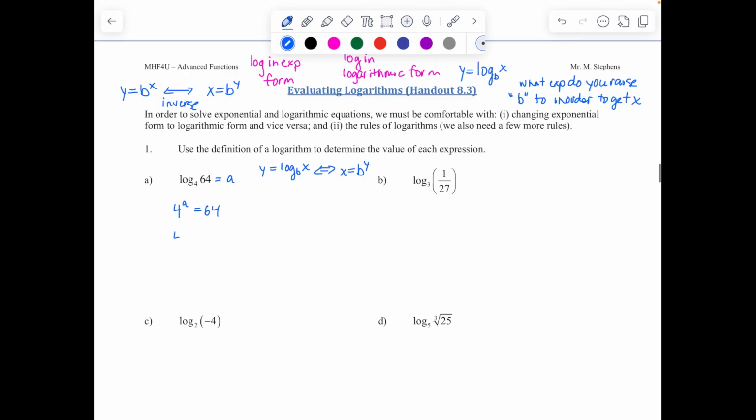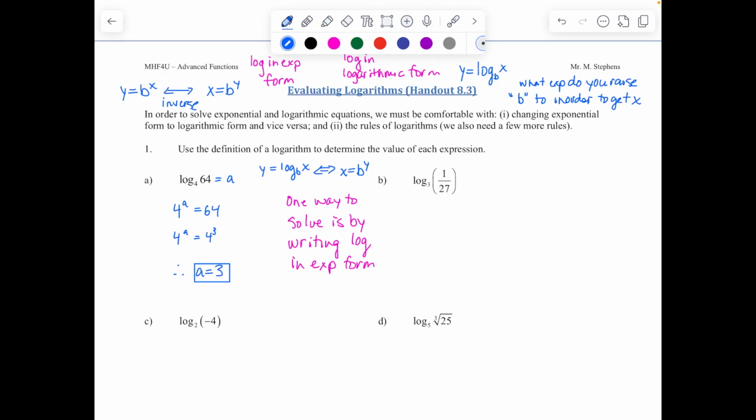I know that 64 can be written as 4 to the 3, and therefore, if left-hand side equals right-hand side, a must be equal to 3. So one way to solve is by writing a log in exponential form and then using what we know about exponentials to solve it.